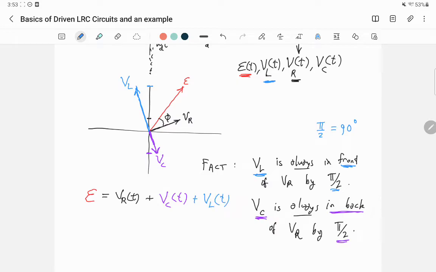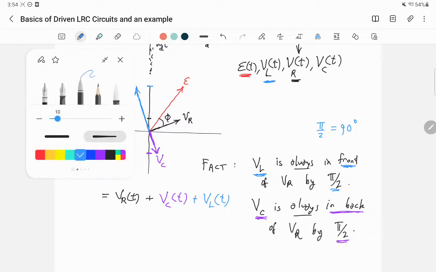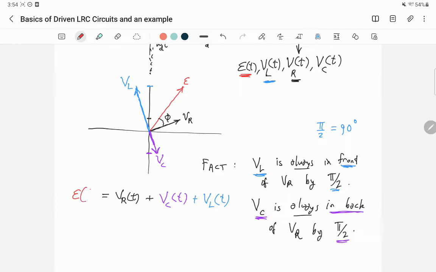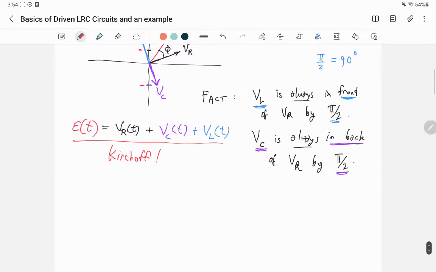And everything is actually a function of time. Right, this is Kirchhoff's rule. And it's really just thinking about these projections. Right? Okay.